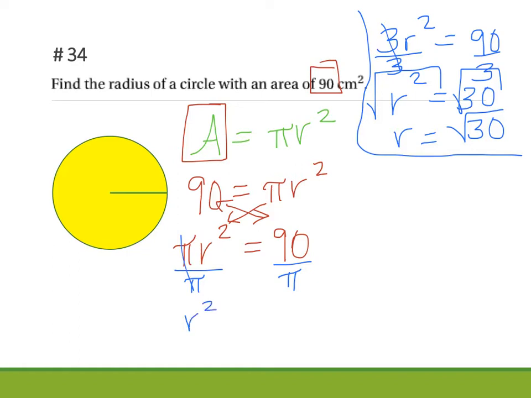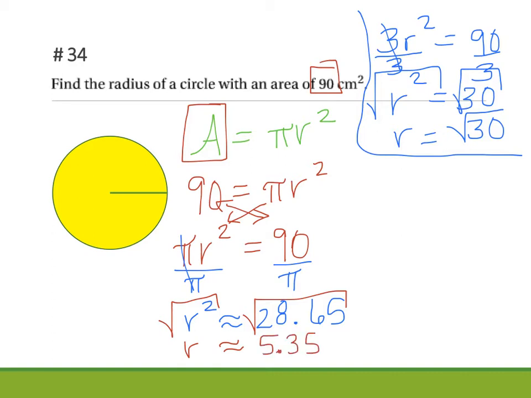So r squared is equal to 90 divided by pi. So in your calculator, type in 90 divided by pi, and you'll get back an approximate value. So let's change this to an approximation sign. And the approximate value would be 28.65. Then you will take the square root of both sides, like so, and r is approximately 5.35.